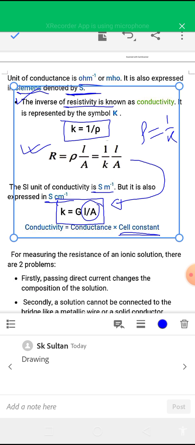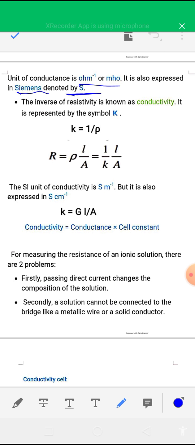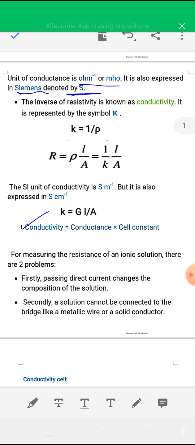So the relation is: conductivity k is equal to conductance G into cell constant L by A.